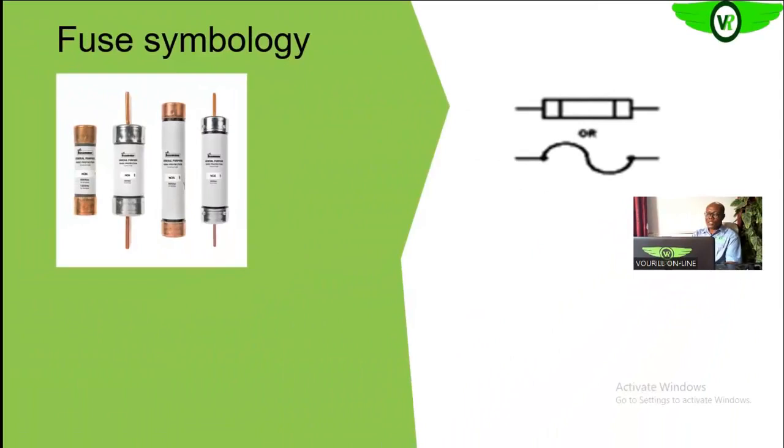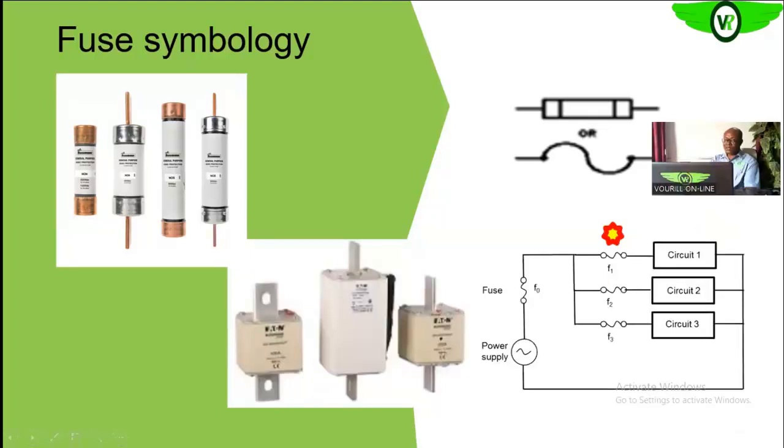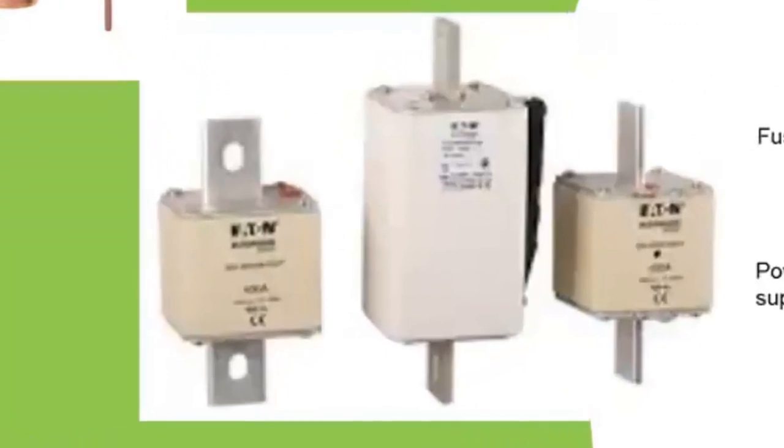We also have other types of fuse, as you can see on your screen. We have numerous types of fuse, but know the basic function of the fuse, which is to open the circuit on overload or on short circuits.